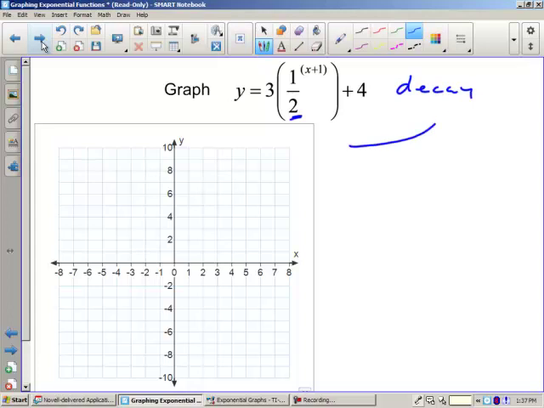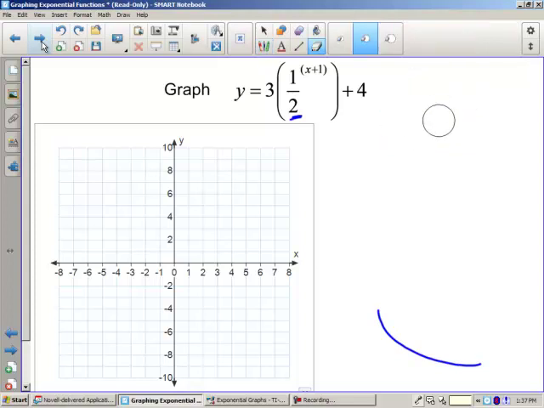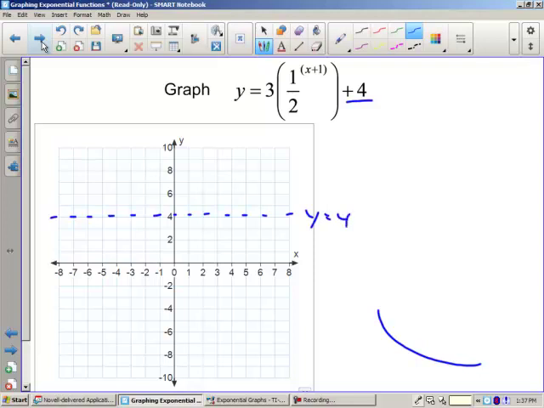So instead of my graph looking like this, I'm going to have a graph that looks more like this. Decay. All right. So now that I've got an idea of that, I also know that I'm not only going to have decay, but I'm going to have a horizontal asymptote at y equals 4. So here's my horizontal asymptote at y equals 4.